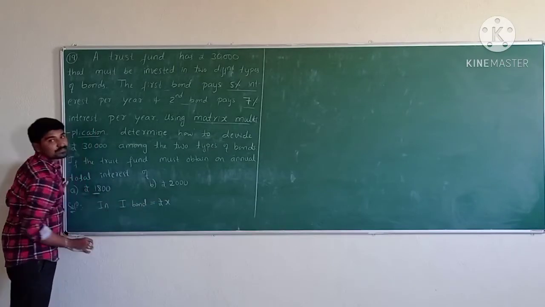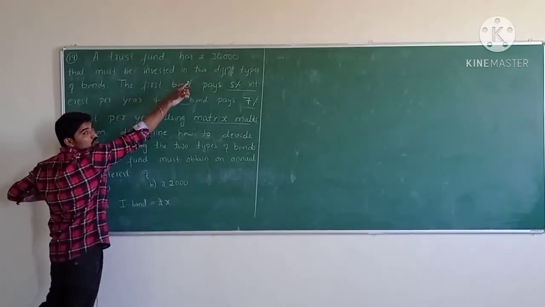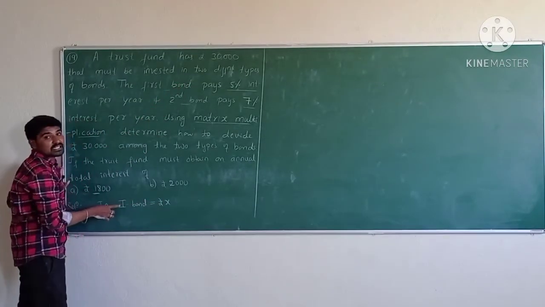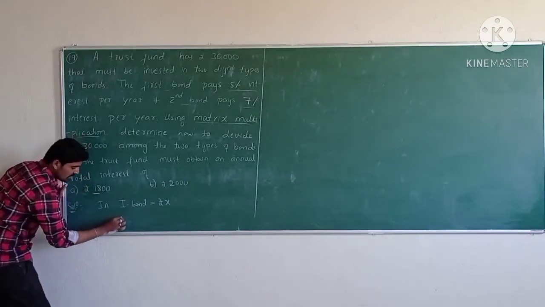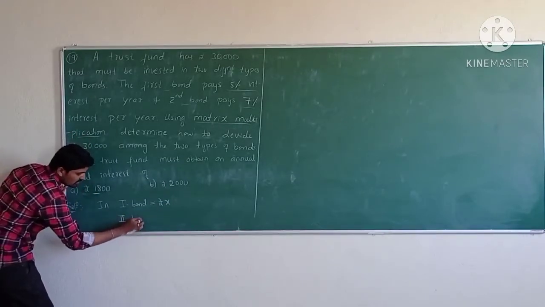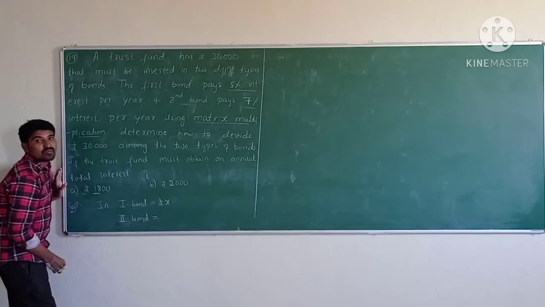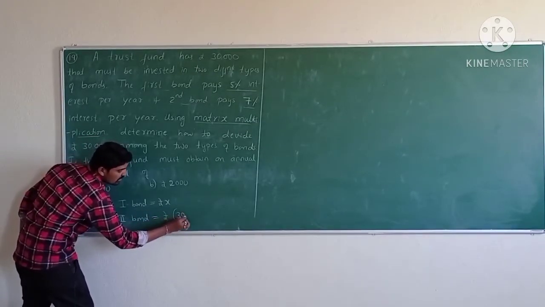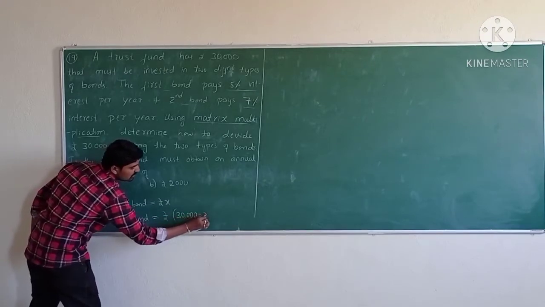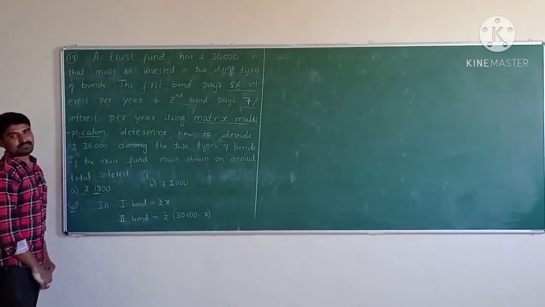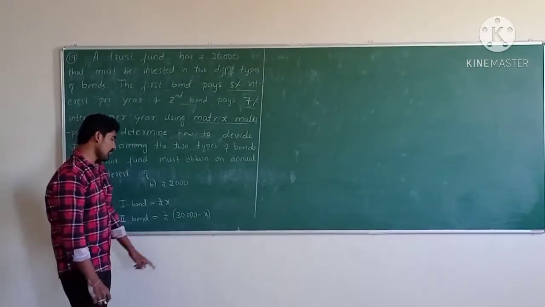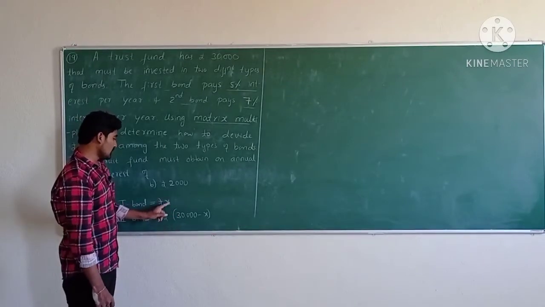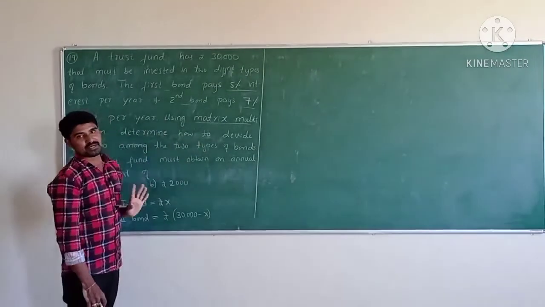Rupees x. Among 30,000 rupees, x rupees is invested in the first one. It means in the second one, the invested amount should be rupees 30,000 minus x. Now, we need to calculate this value of x by using matrix multiplication.